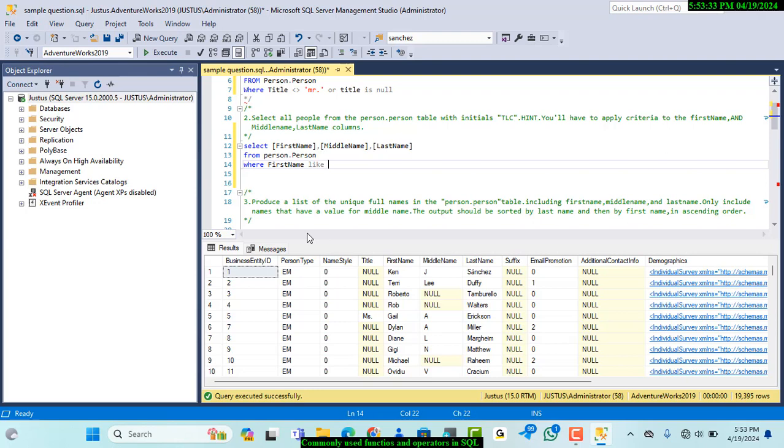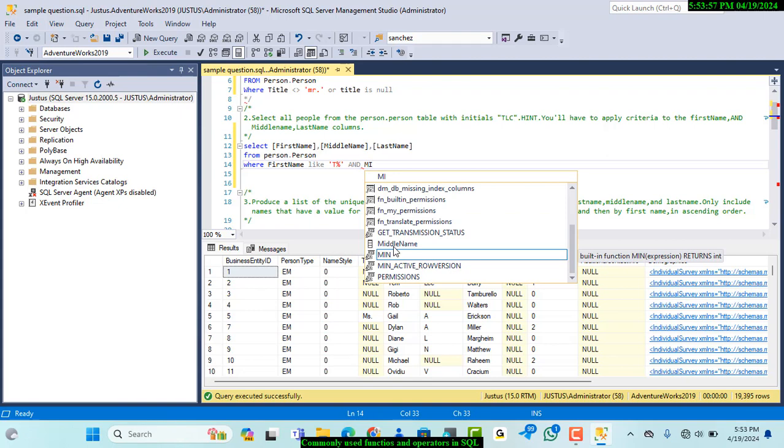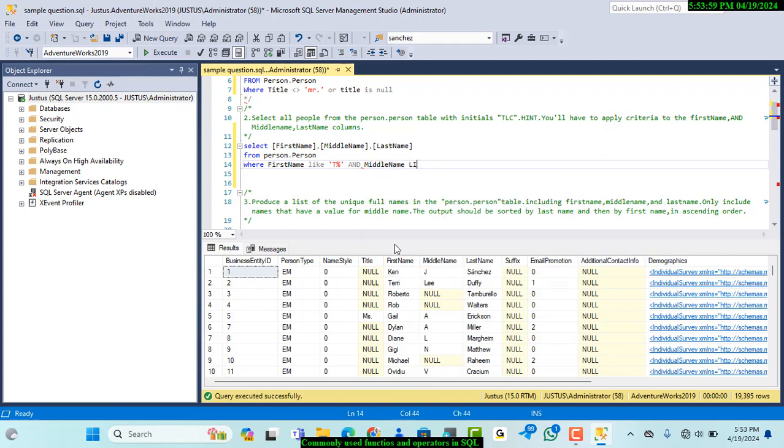So LIKE single quote T and then percent single quote. So that is for the first name and middle name, LIKE.